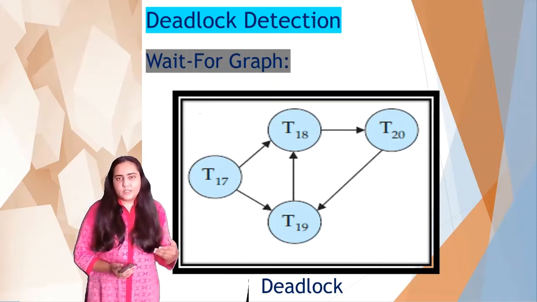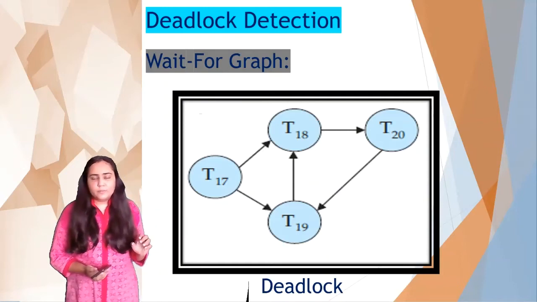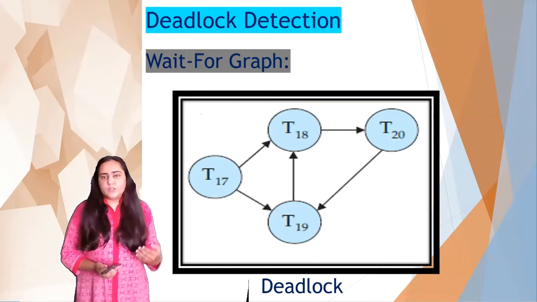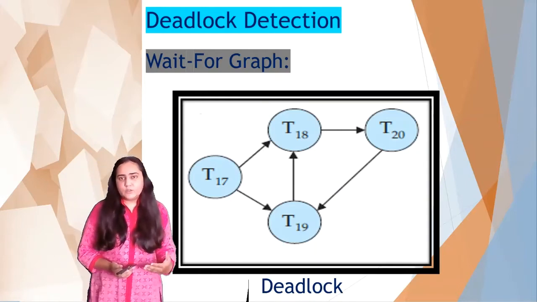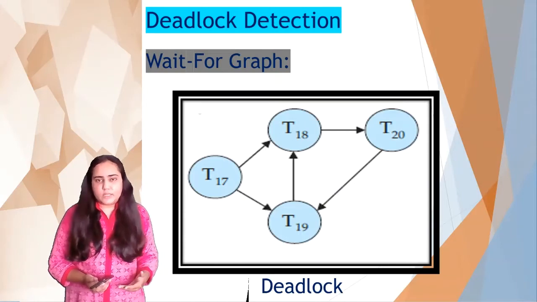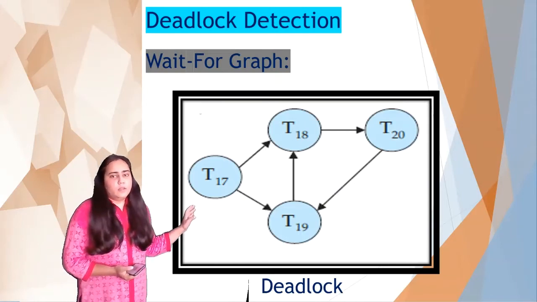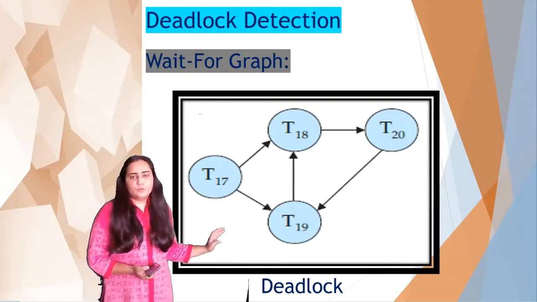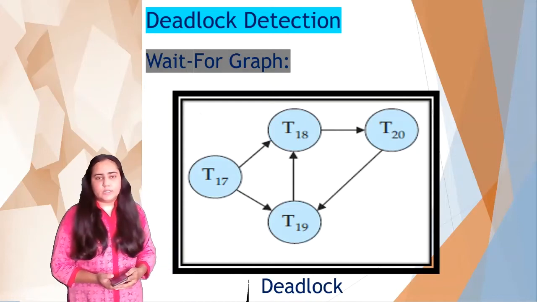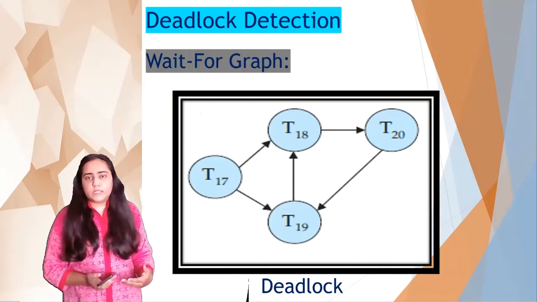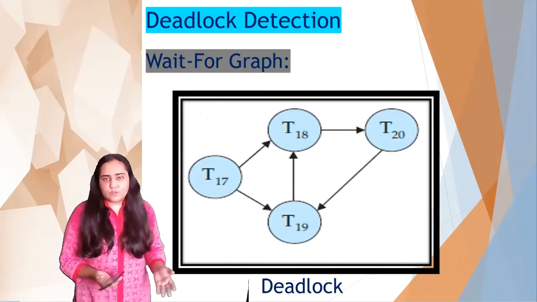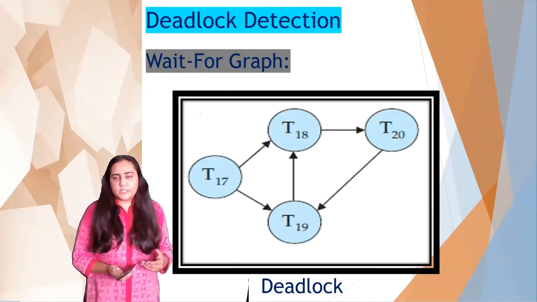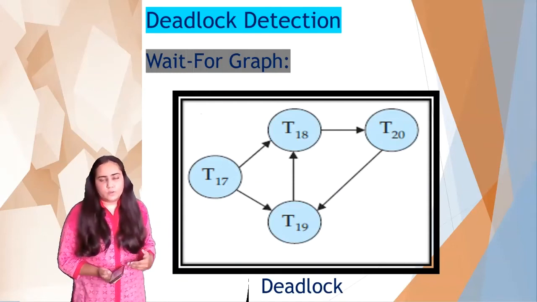So once we have detected which transactions are causing the deadlock, we then need to figure out how to solve the deadlock. So in order to recover from a deadlock, we need to obviously restart one of the transactions. For example, if I take say T19 from here and I decide that I want to stop T19, I want to restart T19. So when I restart T19, T19 will release all its resources, and whichever transaction requires resources released by T19 will get those resources.